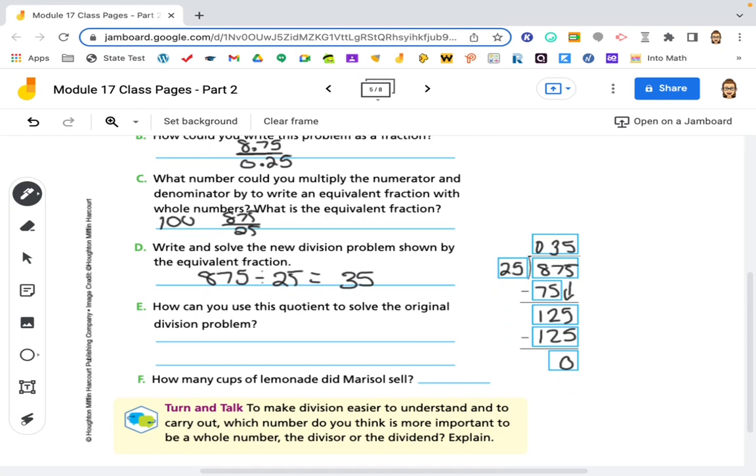So then it says, how can you use this quotient to solve the original division problem?